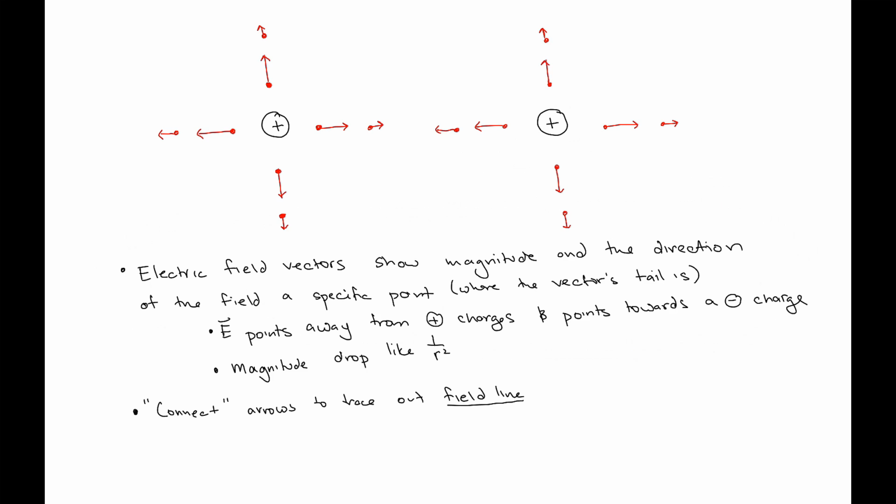The lines show the direction of the field at each location along the line. So if I were to go through here and draw those field lines, I'm just going to trace through those arrows here.